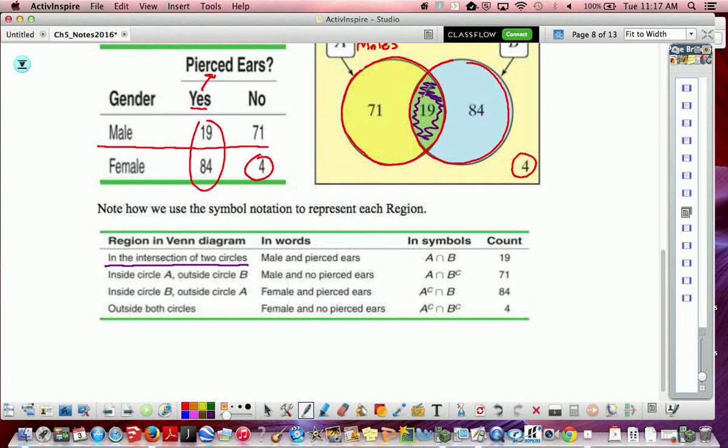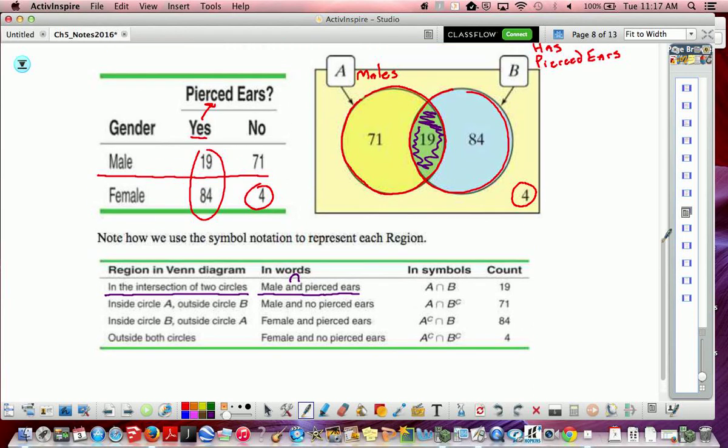Well, in words, what we're saying is they must be males, they must have pierced ears. So it's like saying males and pierced ears. The word "and" means intersect. So we use that symbol, intersect, and then we use the letters that correspond to the two events, A and B. So it's going to be important to identify what is A and what is B.